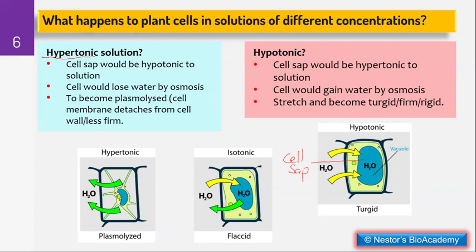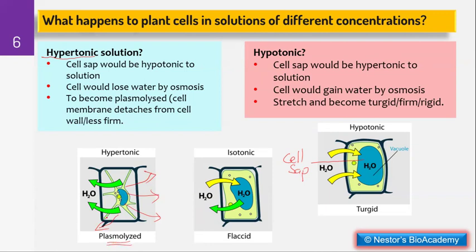The plant cell is going to lose water by osmosis, and as it loses water by osmosis, we expect the sap vacuole to decrease in volume, and as it decreases in volume, the cell membrane will be detaching from the cell wall, like you can see in this scenario. So what eventually happens is that the cell becomes plasmolyzed.